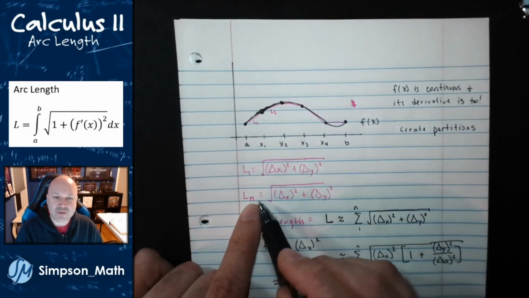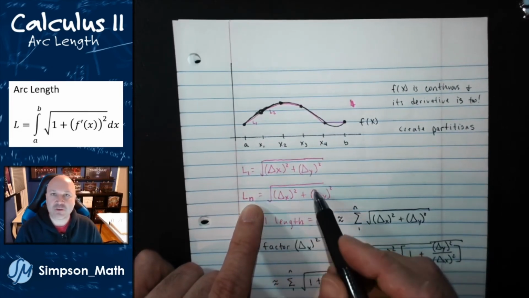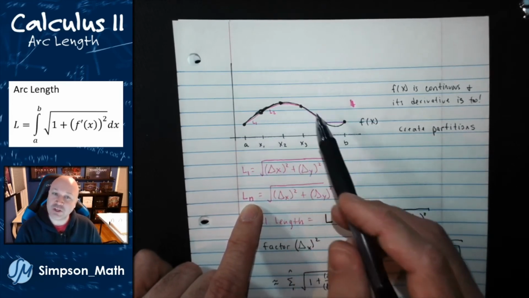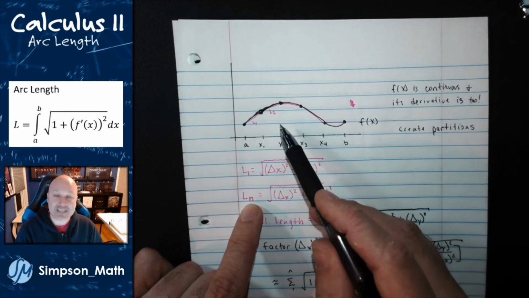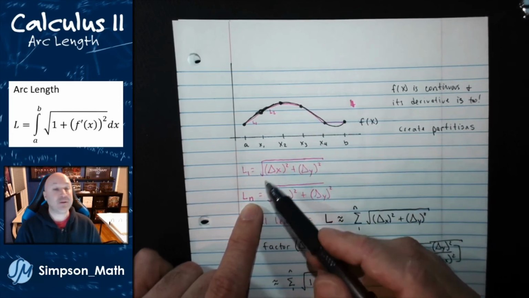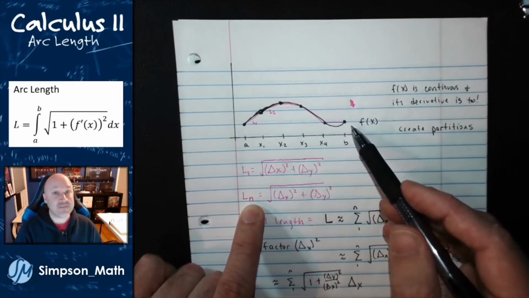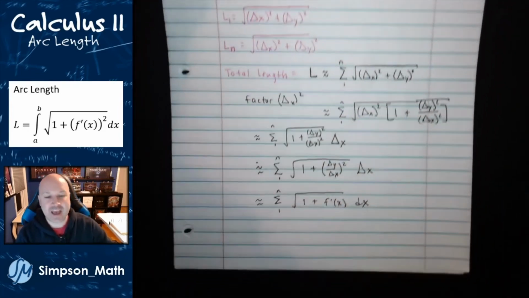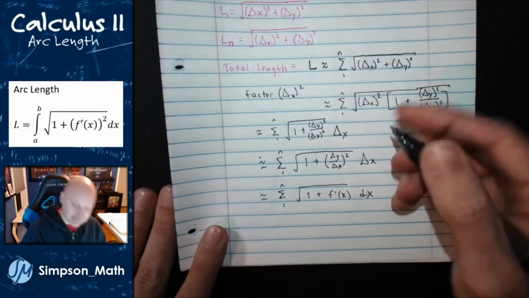But that's what I really want. I want this n to go out to infinity. I've got an n of 5 here, and it looks like a really good estimation. If I made 10 partitions, it'd be better. If I made 100 partitions, that'd be even better. If I made an infinite number of partitions, then I think I'd have the actual arc length.